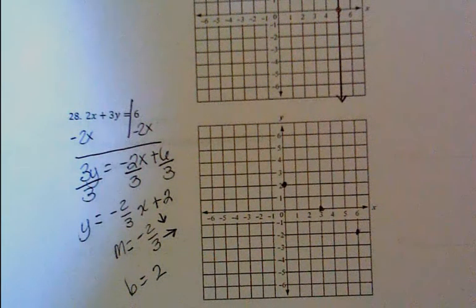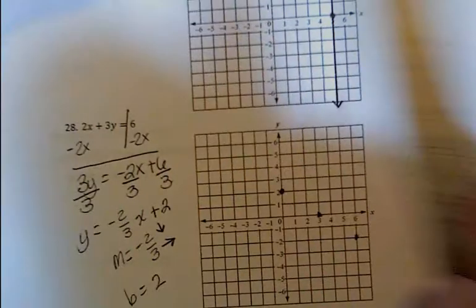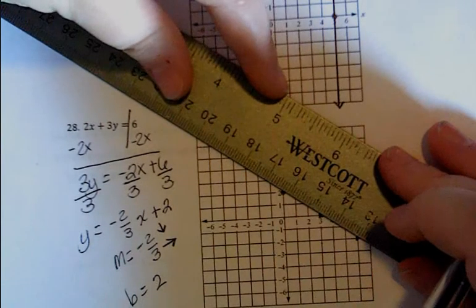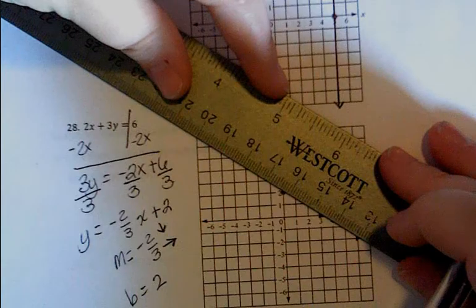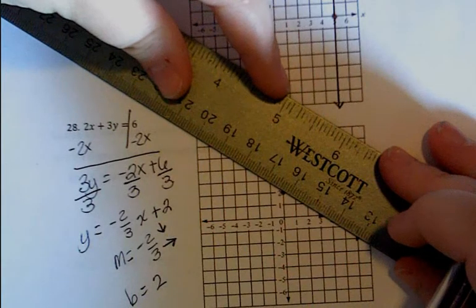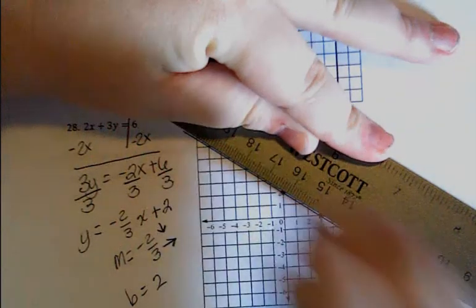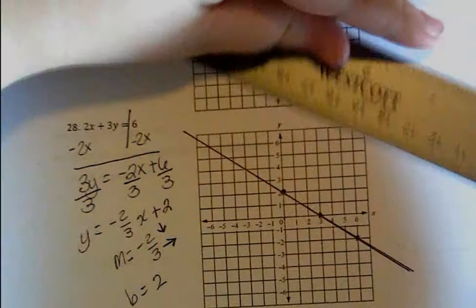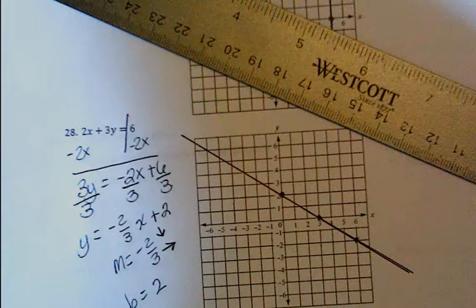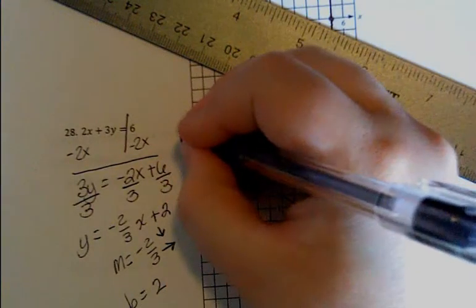We now have our 3 dots, so we can go ahead and connect them. Notice how my line extends all the way through the graph, and I put my arrows at the very end.